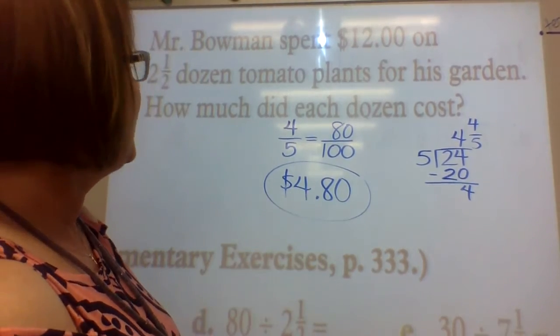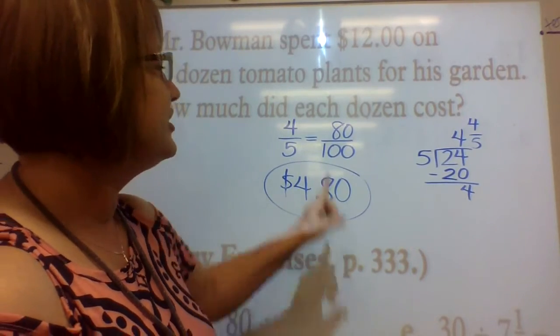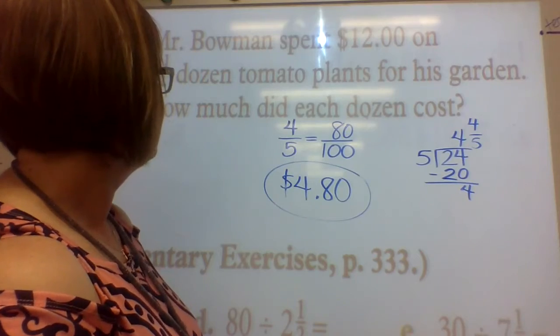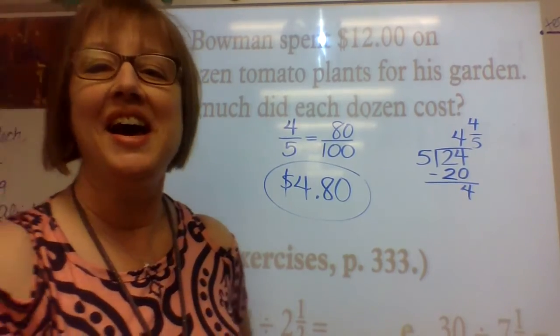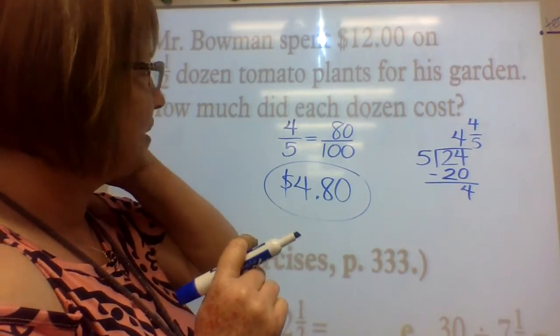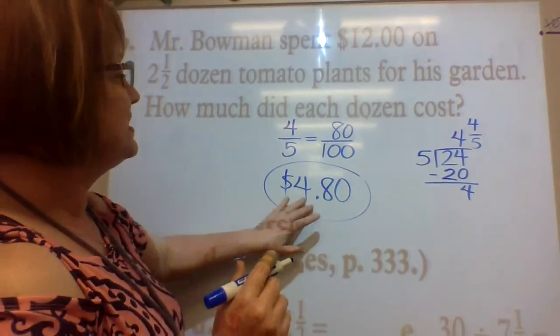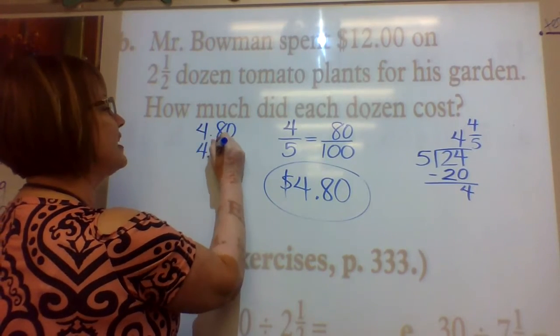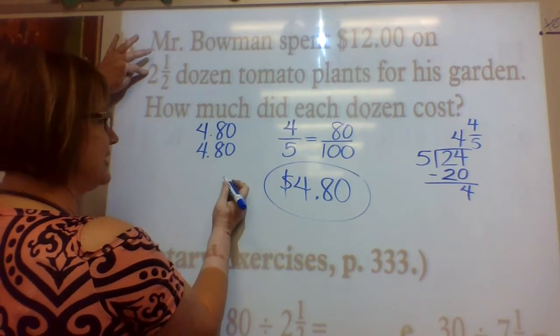Okay, so that's $4.80 for each dozen, I think. I may have to stop and review this because to me that doesn't sound quite right. Let me think. 480 times 2. I'll just let you see me looking at it in my brain. Okay, there's 2 of the dozens.